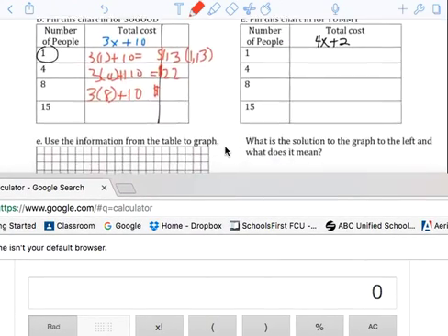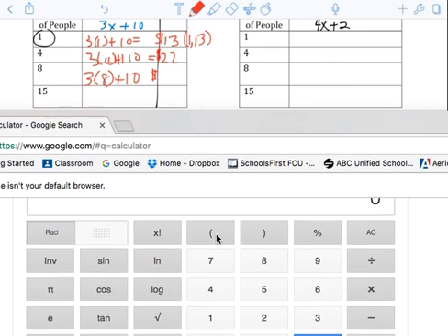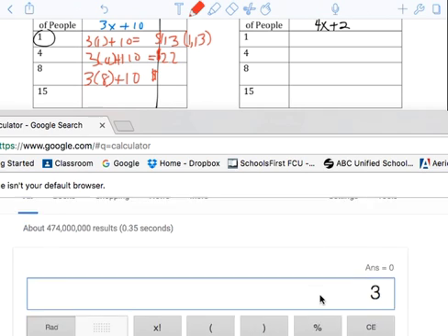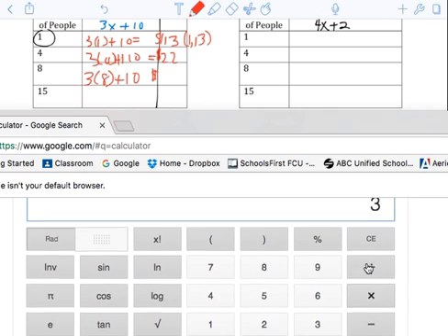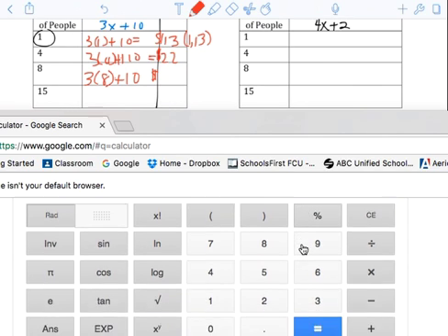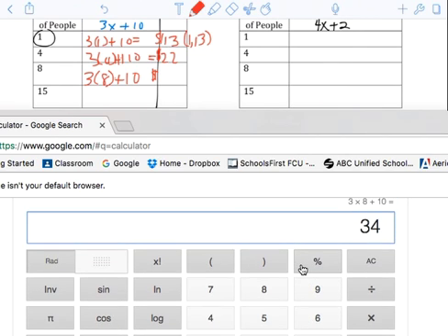Okay. Put it at top. So you put 3 times 8 plus 10. And then after you do that, you hit the equal sign, and you get your answer of $34.